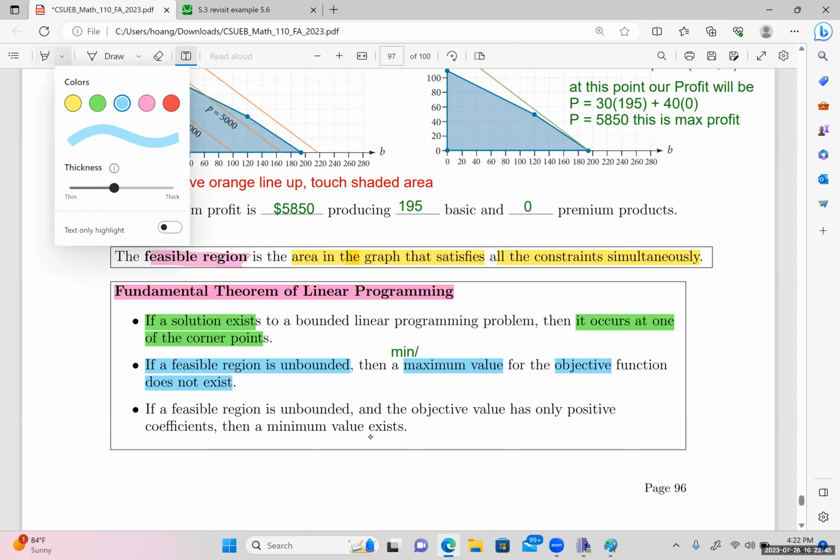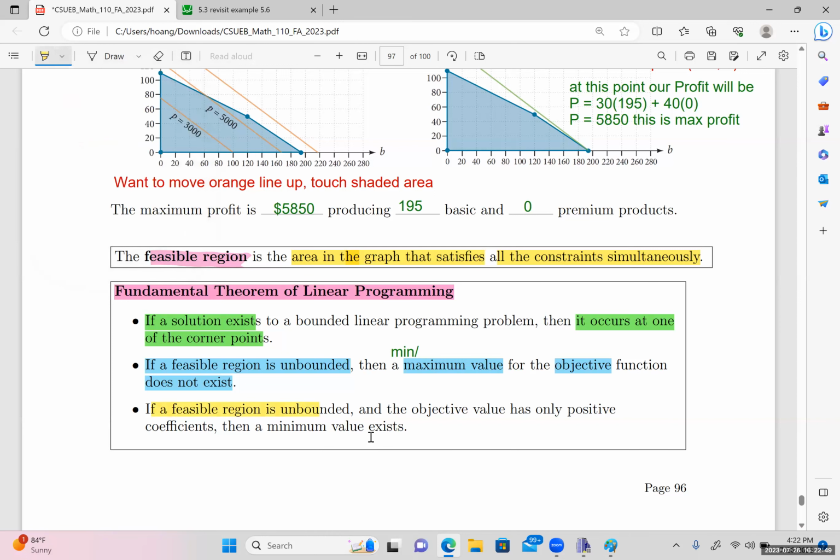What about if a feasible region is unbounded and the objective function has only positive coefficients? Okay. Then the minimum value exists.